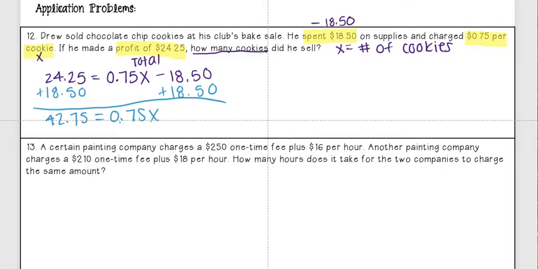And then I need to get rid of that 0.75, so I need to divide both sides by that. So when I do 42.75 divided by 0.75, I get 57. So Drew sold 57 cookies.